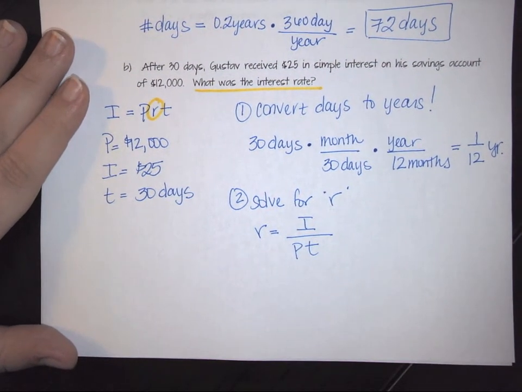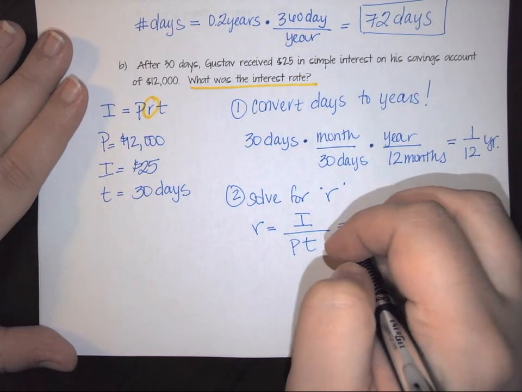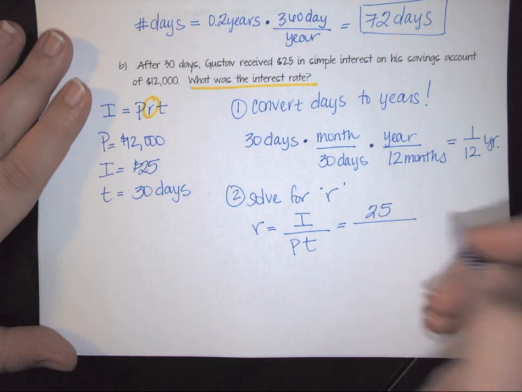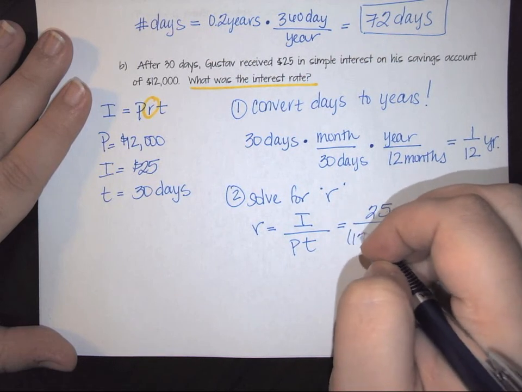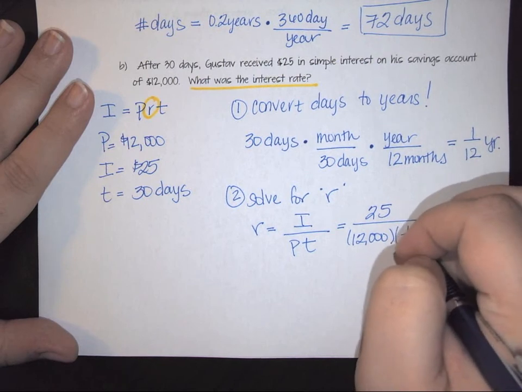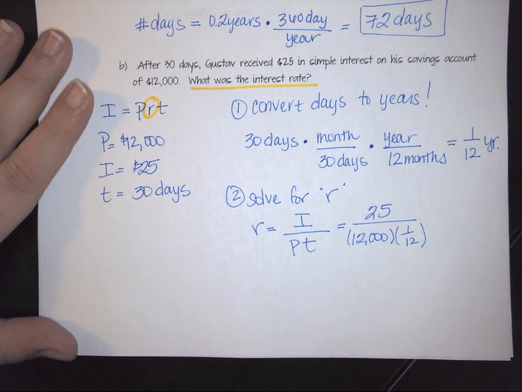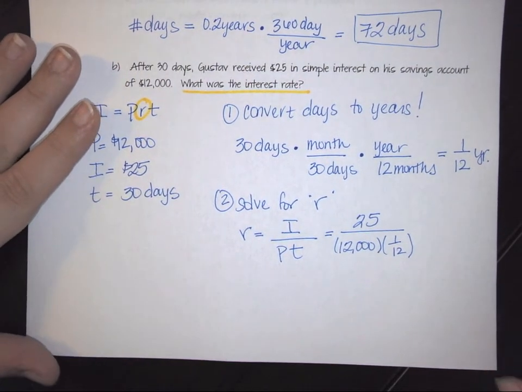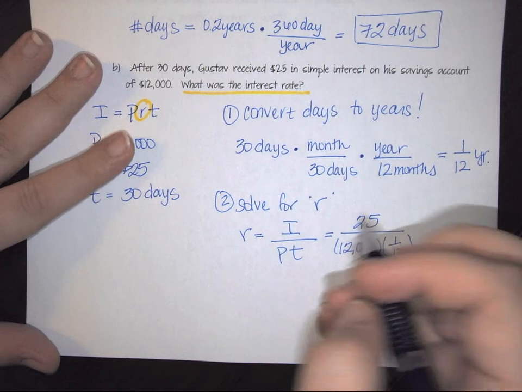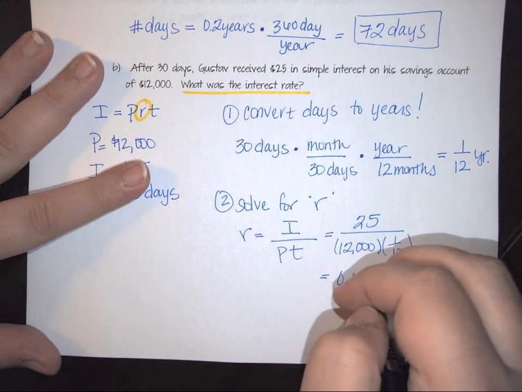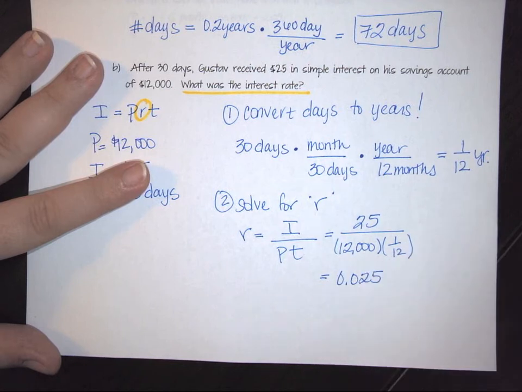So we can simply start plugging in. My interest is $25. My P was $12,000, and my time was 1/12. So this should give you a decimal answer. So here you go ahead and plug everything into your calculator. You should come out with 0.025.